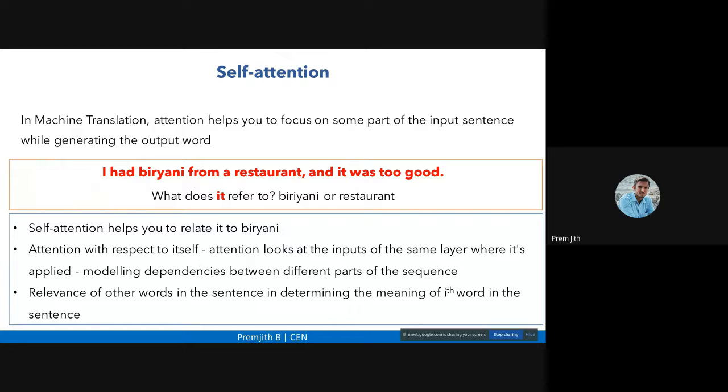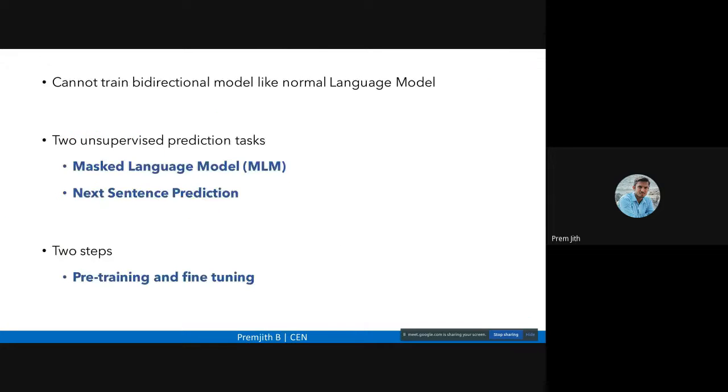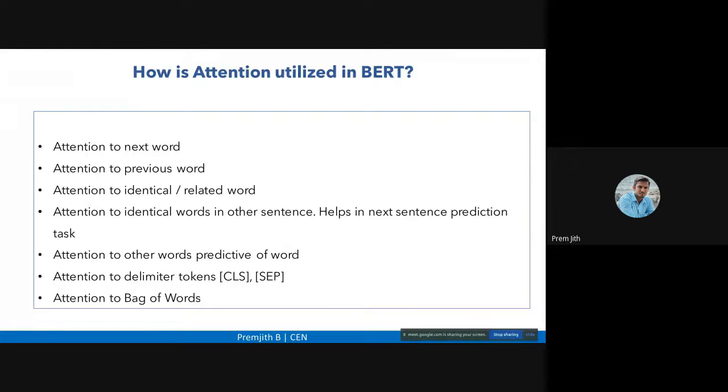If you want to connect it with the biryani, then you will have to understand the context. So for that purpose also you can use attention. Okay, attention to other words predictive of words. So for predicting the next word, yes, same as the first point.